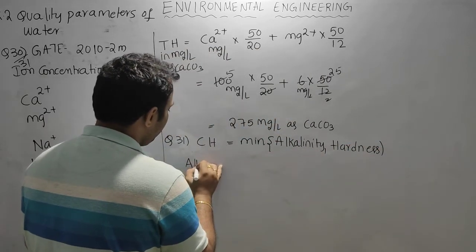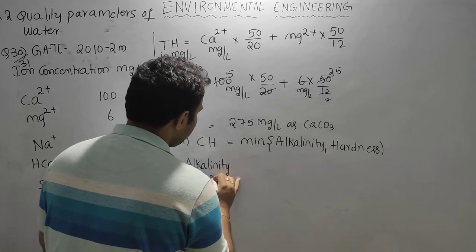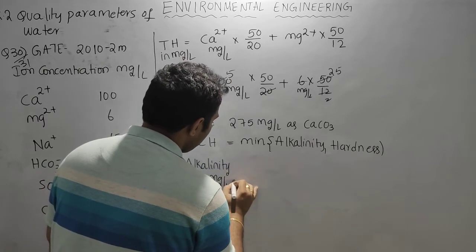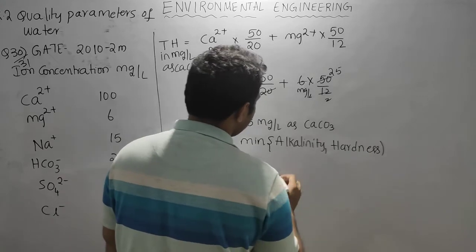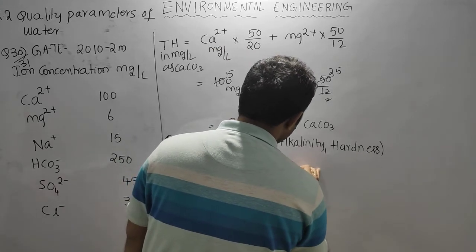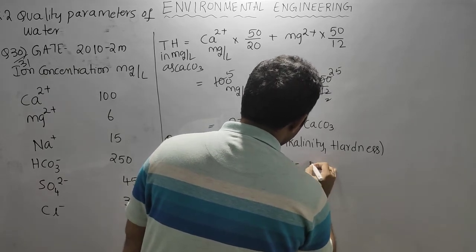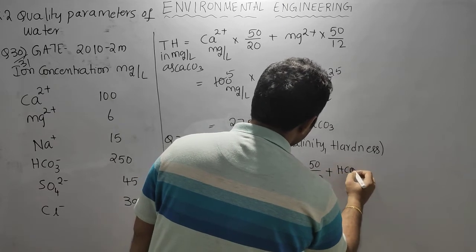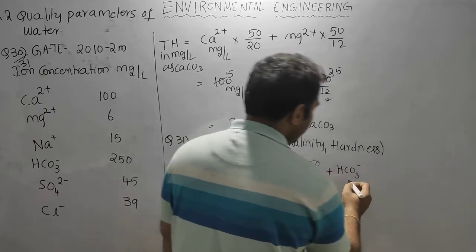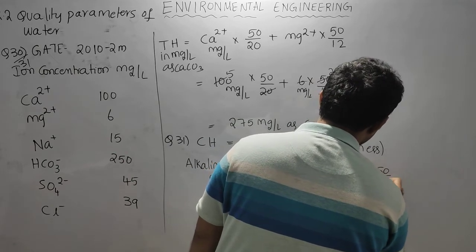Alkalinity in mg per liter as CaCO3 is equal to CO3 2 minus concentration in mg per liter into 50 by 30, plus HCO3 minus concentration in mg per liter into 50 by 61.